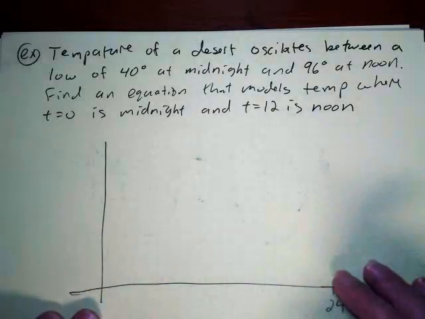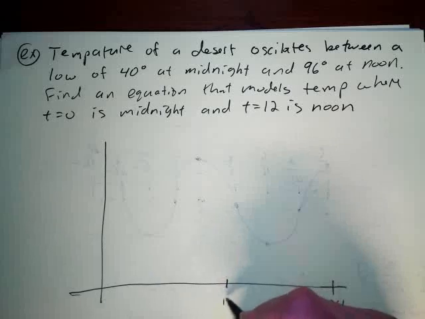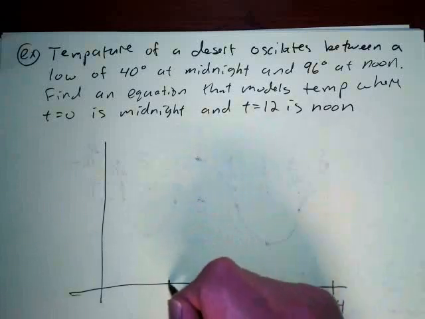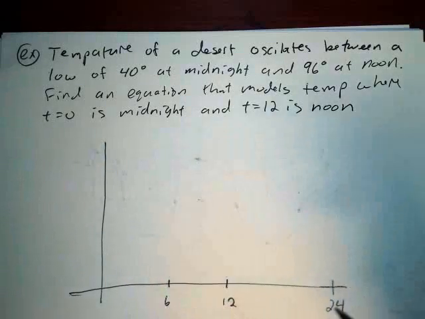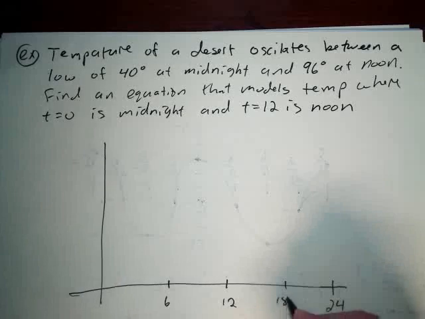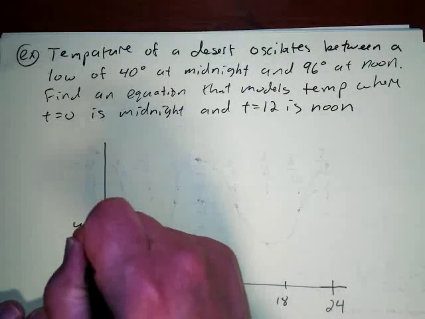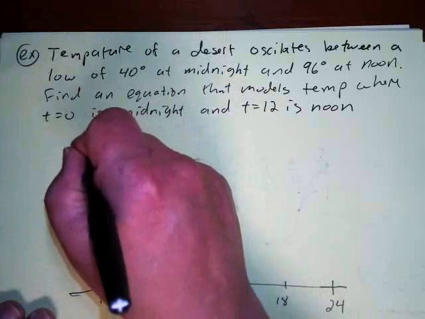It's going to oscillate every 24 hours. So then half of that will be 12. And half of this will be 6. And then half of this will be 18.